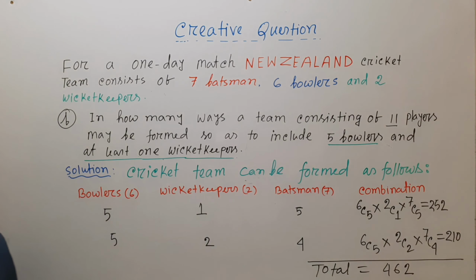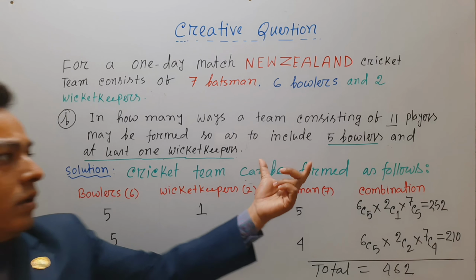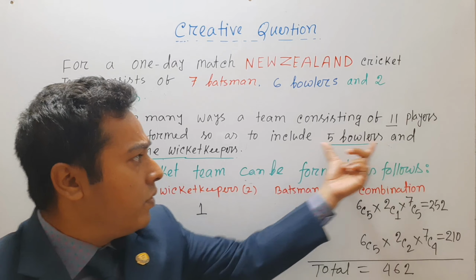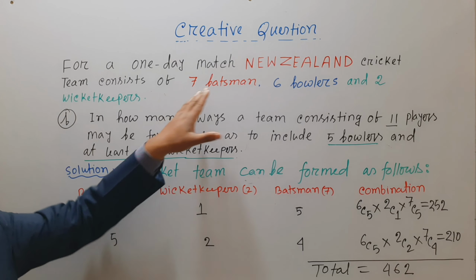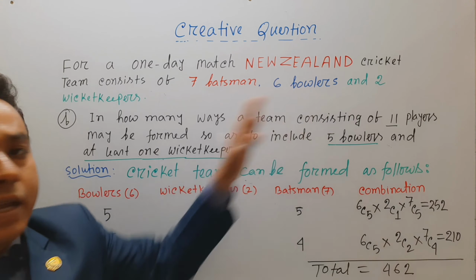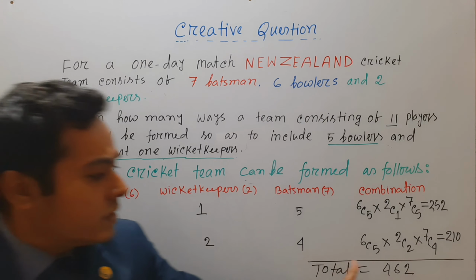This is our total team combination if we include 5 bowlers and at least 1 wicket keeper from 7 batsmen, 6 bowlers and 2 wicket keepers. Okay, this is our answer.